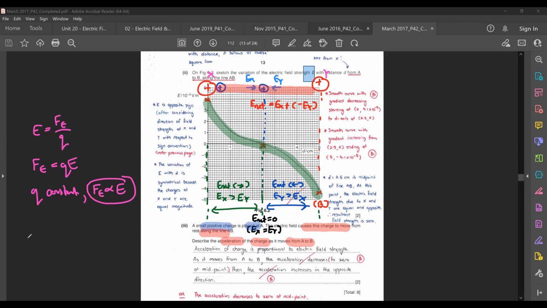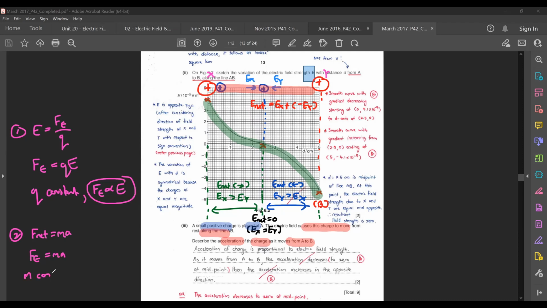Okay? And then after that, another thing that you can also say is this. For the case of a charge that's placed inside an electric field, your F net is actually your electric force. If you're trying to relate force with acceleration, you always use F net equals ma, right? For the case of electric field, your F net is your Fe. So Fe equals ma.